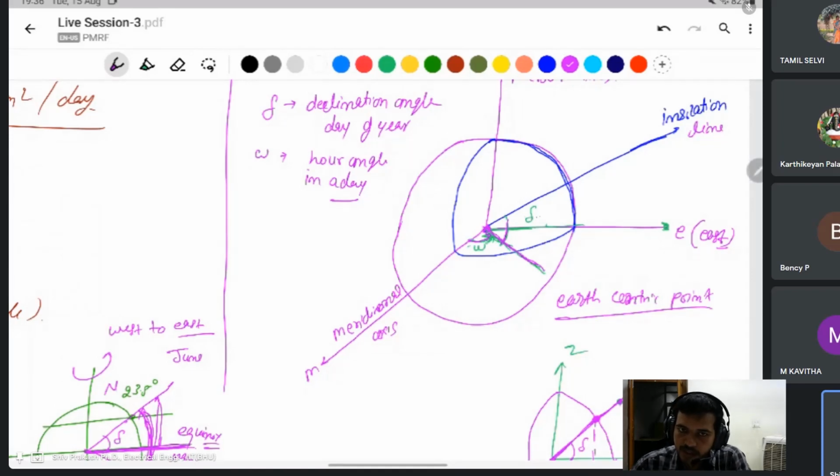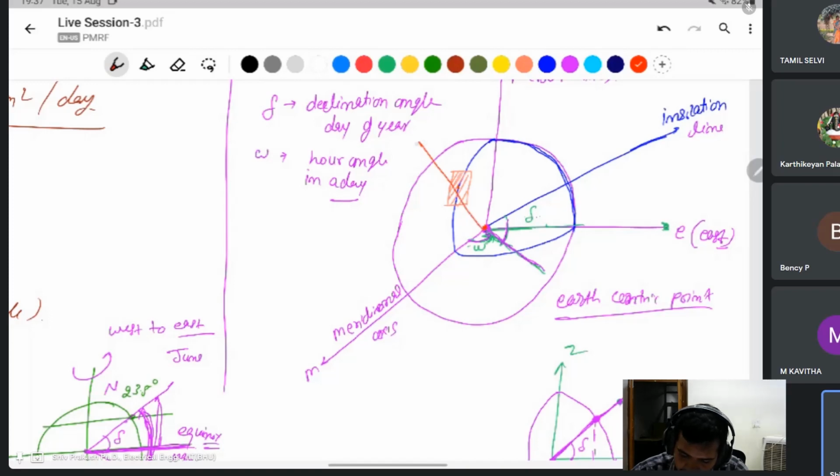This angle is made at the center of the earth. If you want to define the same thing at the surface of the earth, then you can take a normal plane surface at the earth point, and then another axis will be defined here at the center, normal to the surface.